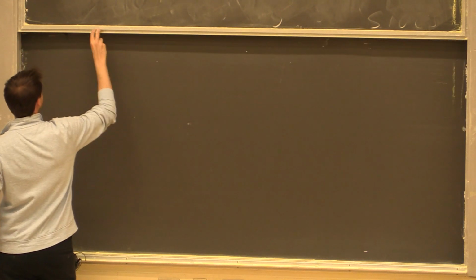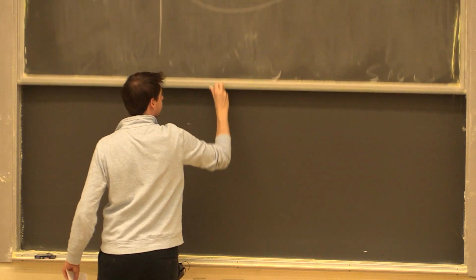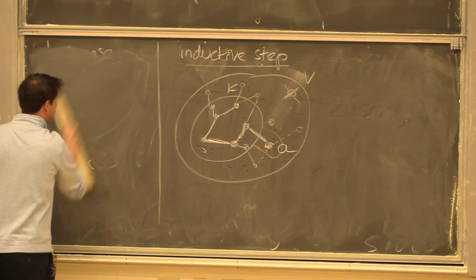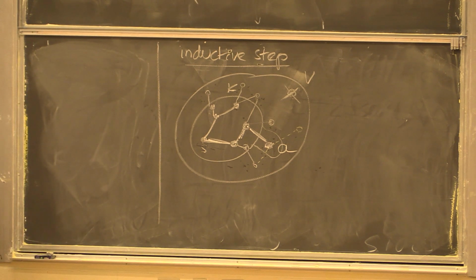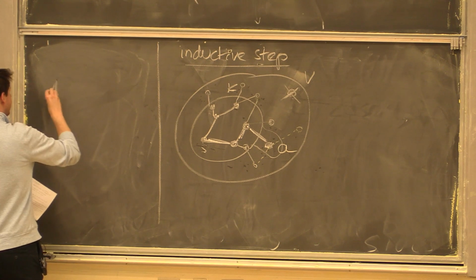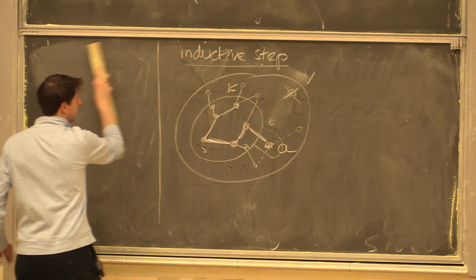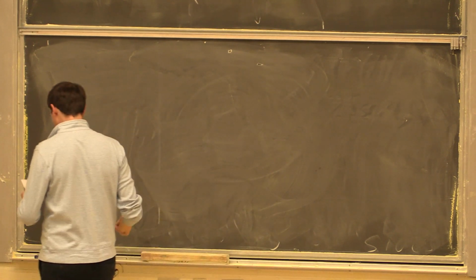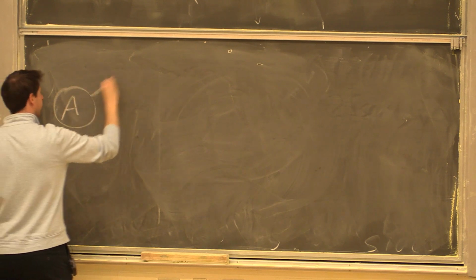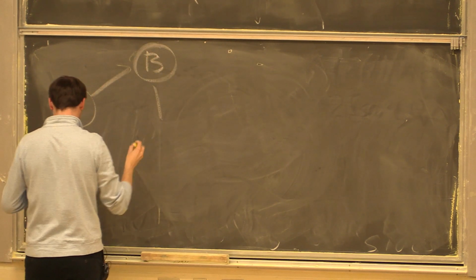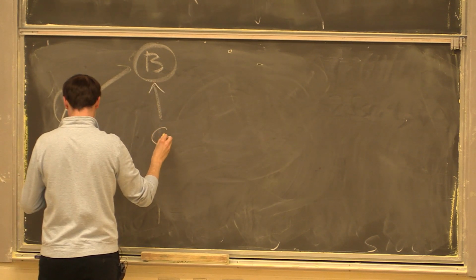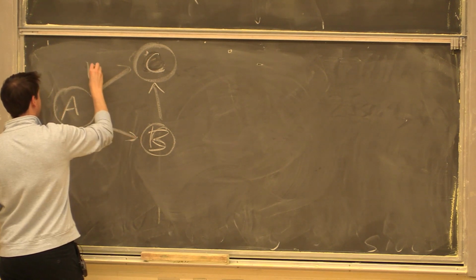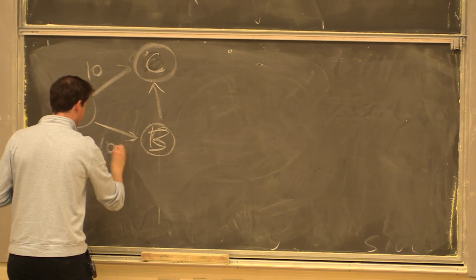So let me write it here. Now let's say we look at this graph, with C, B, and let's say here we have, I don't know, 10, 100, and minus 99.